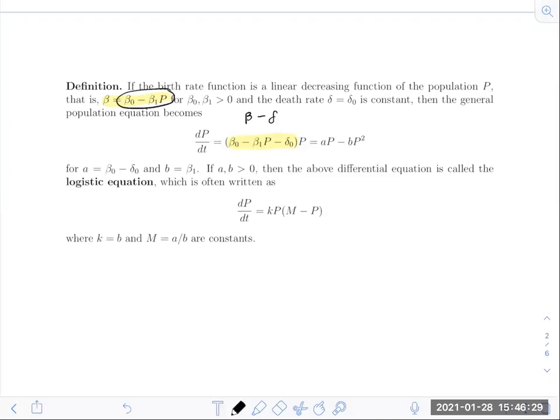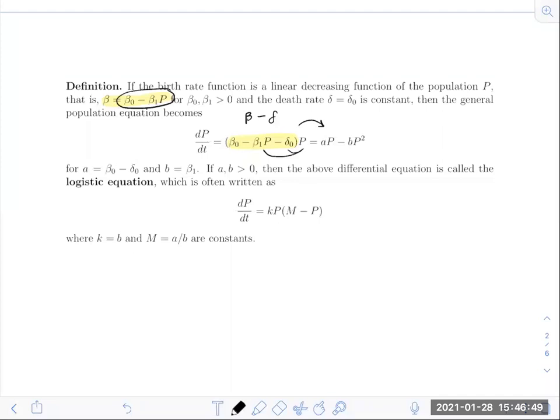And so what you'll notice on this second equality is they're rewriting this in terms of P and P squared. So if you distribute this outer P inside, you're going to have one quadratic term and one linear term, and then they're just writing those coefficients as A and B.